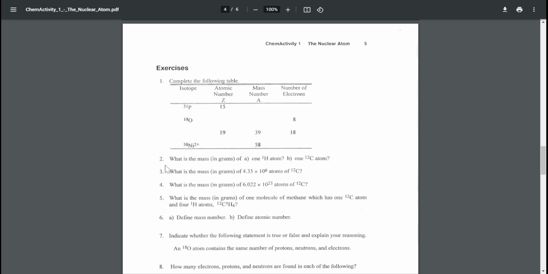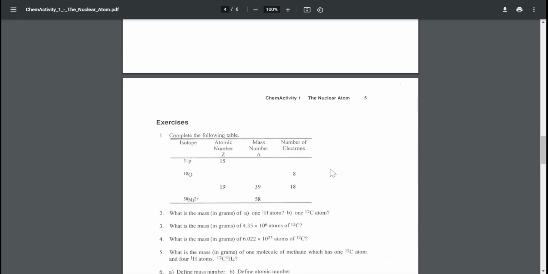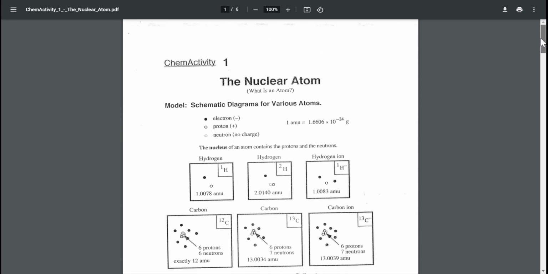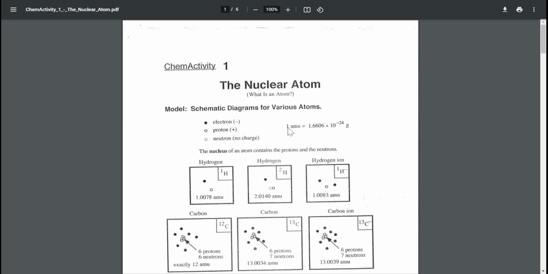When looking at these questions right here, it wants to know the mass in grams. We're looking at some very common isotopes here, hydrogen 1 and carbon 12. You have to scroll all the way up where it says 1 AMU, which is atomic mass unit, which is this much in grams.